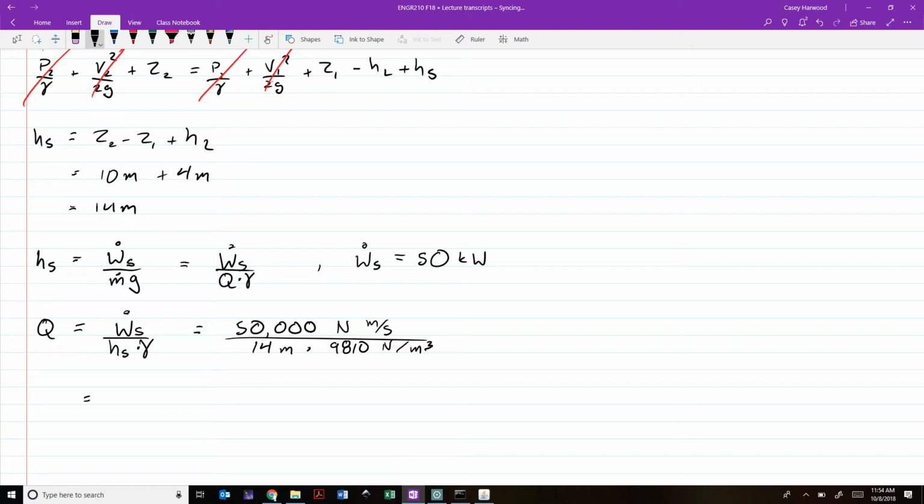This should give us a value of 0.364 cubic meters per second.